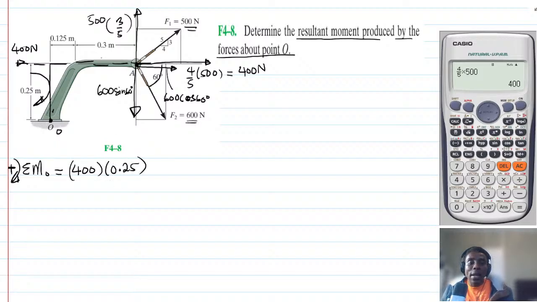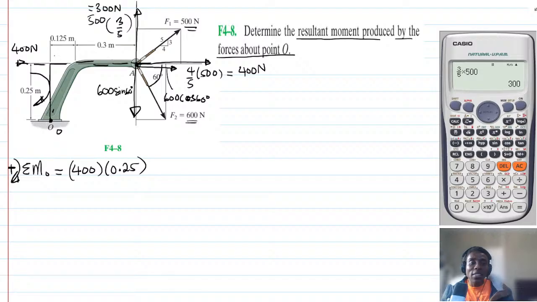Okay, now we are done with the X component of the 500. Let's look at the Y component of the 500. Clearly 3 out of 5 of 500 is 300. So this one gives you 300 newtons. The line of action again is still going to be this force here.